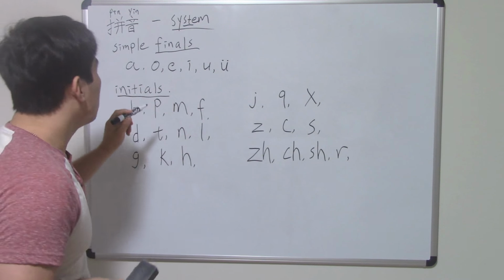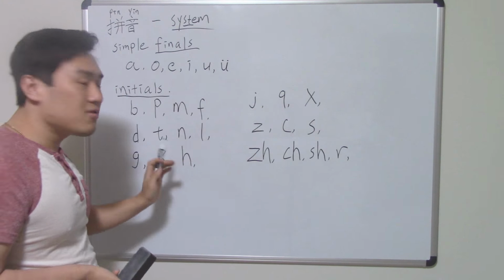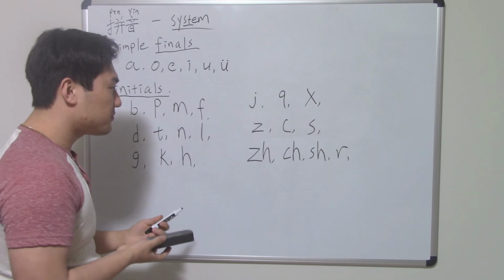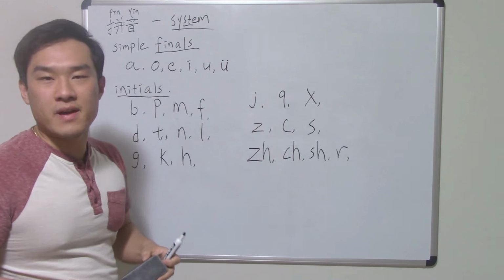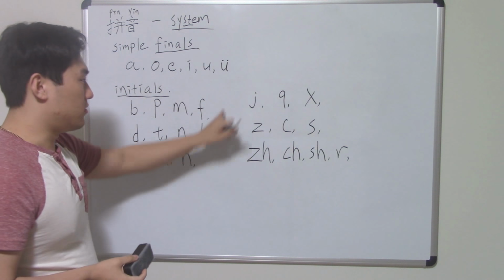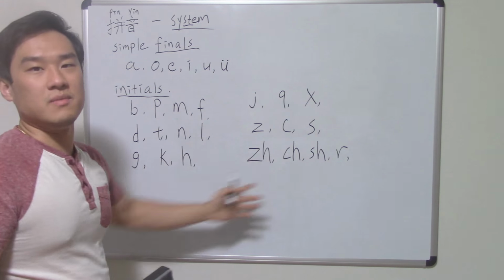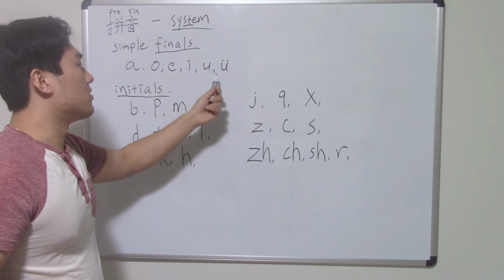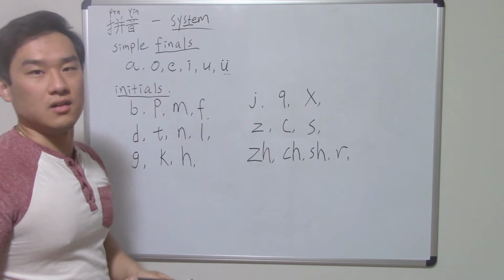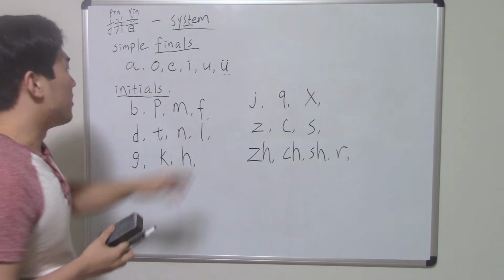The first ones, if you're an English speaker, or speak Spanish or maybe other languages, are pretty much the same as ABCD. This is probably the only one that's different from A to Z in the alphabet.